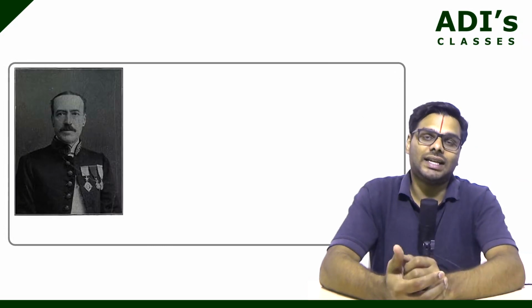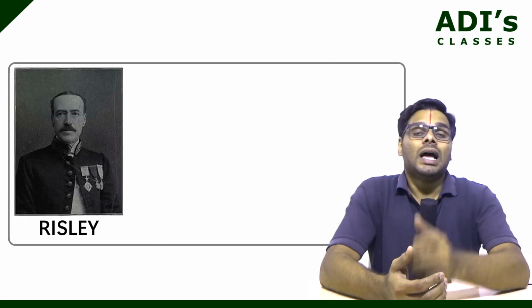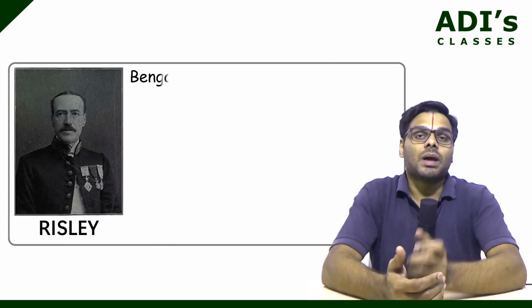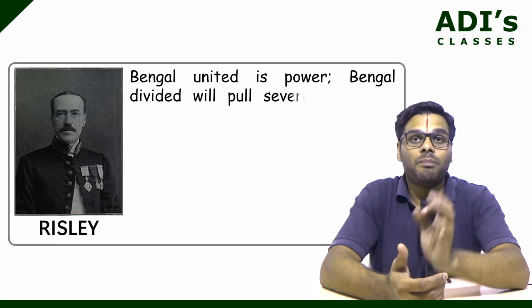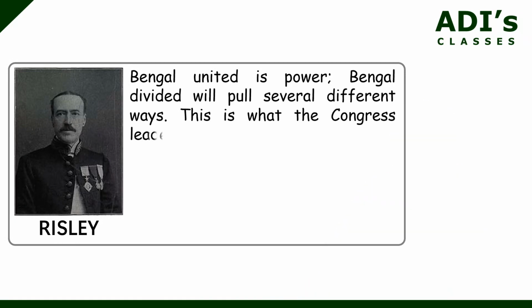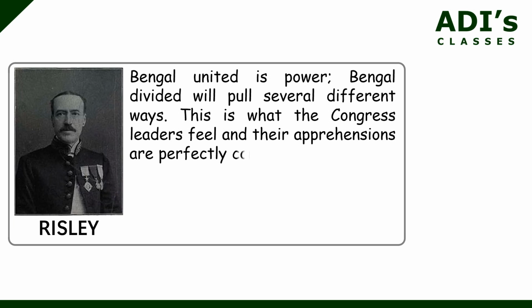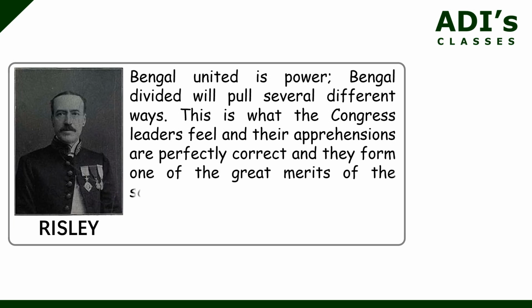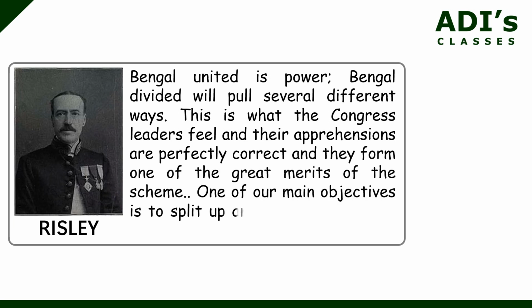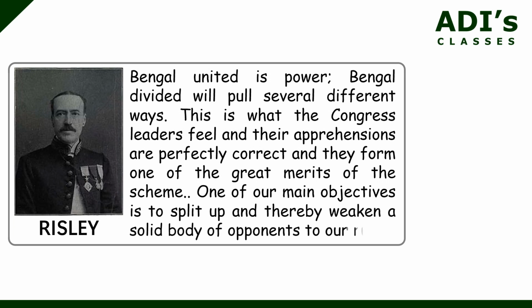Risley, the Home Secretary at the time, said this more bluntly: Bengal united is power. Bengal divided will pull several different ways. This is what the Congress leaders feel, and their apprehensions are perfectly correct. And they form one of the great merits of this particular scheme.